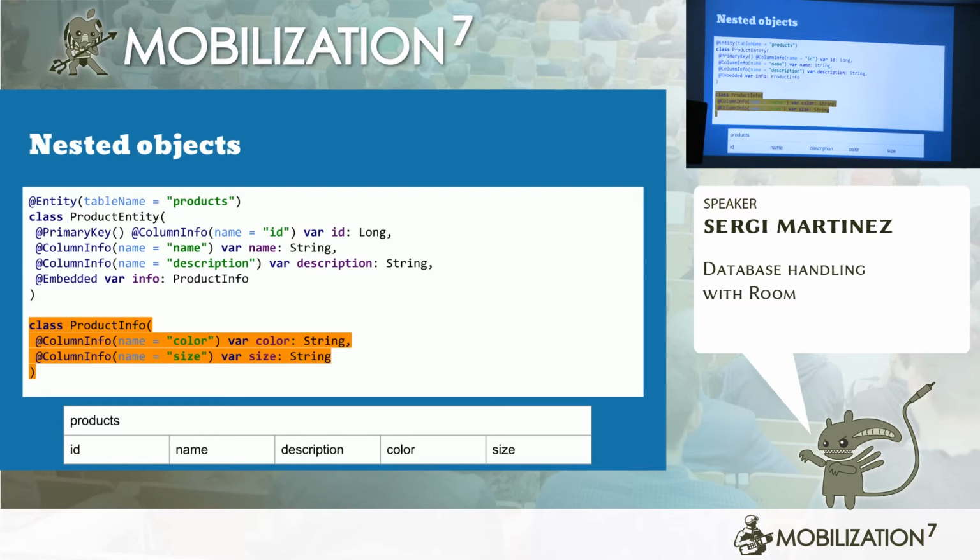So when it retrieves the fields, or when we save the object, what it will do is take the first 3 fields, put them on the product entity object, and these 2 fields, put them in the info object of type product info. Okay? This is just if we don't want to have the typical object with 200 fields, but want it a bit more sorted.